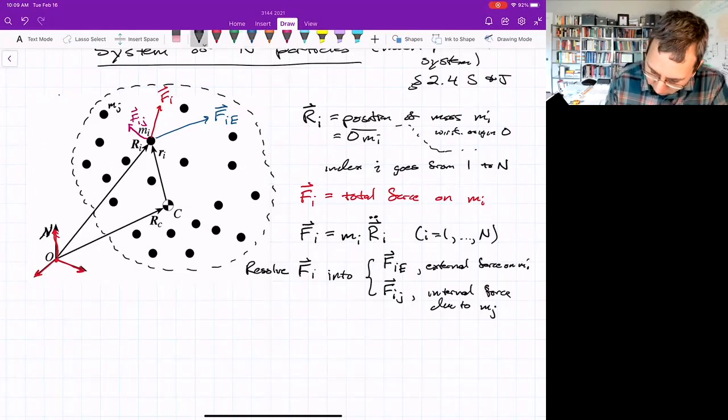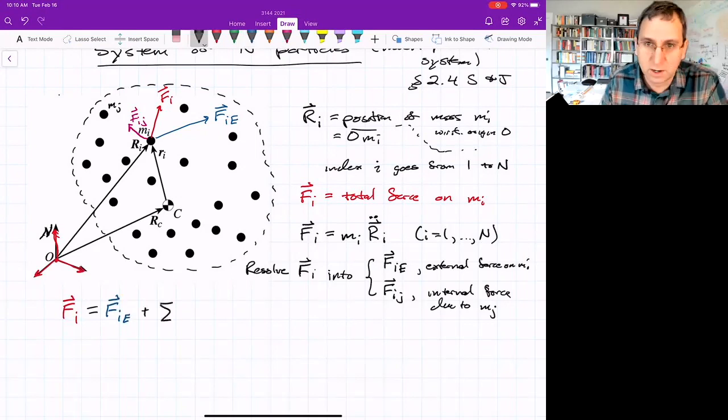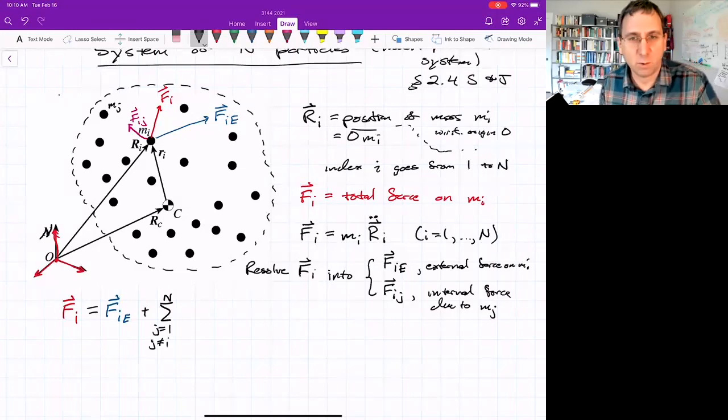So now we will write Fi, the total force on particle i, is equal to, we can keep these colors consistent, the external force plus the sum over j goes from 1 to capital N. There's no force of the particle on itself, so we exclude i.